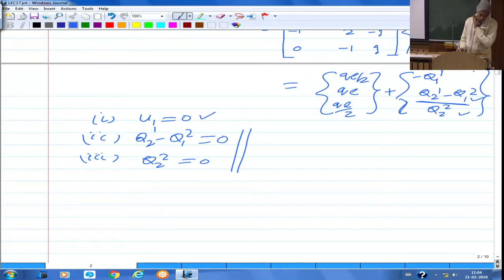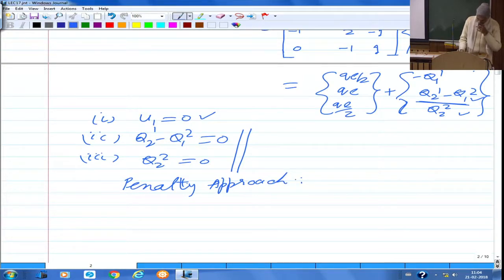Penalty function approach means that, in the whole system, whatever integral functional we have got, you add a penalty term.